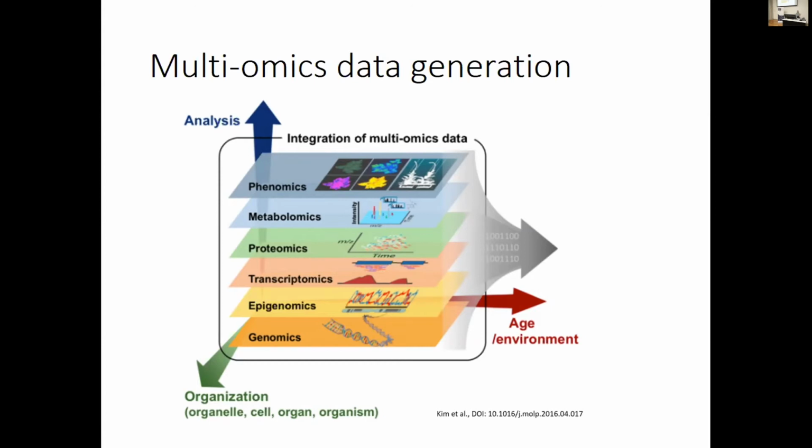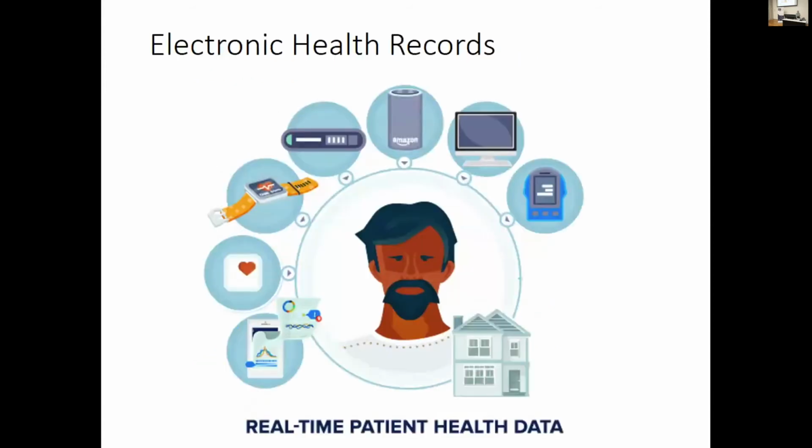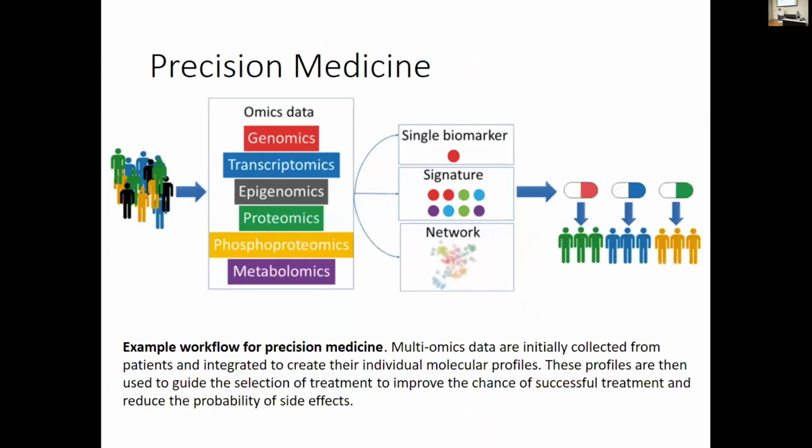This is multi-omics data generation, and you can imagine how much data would be generated across the different levels. On top of that are electronic health records, real-time patient health data, and all the variables that are now generating lots of data for every single individual. All this data is coming together, and precision medicine is foreseen to put it all together so that we can have better preventive, predictive, and diagnostic medicine.